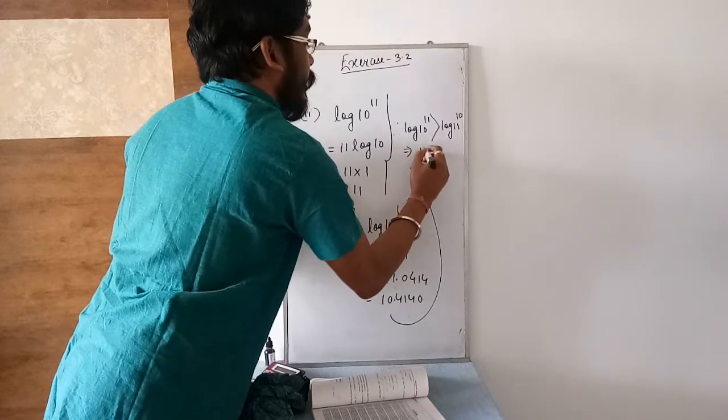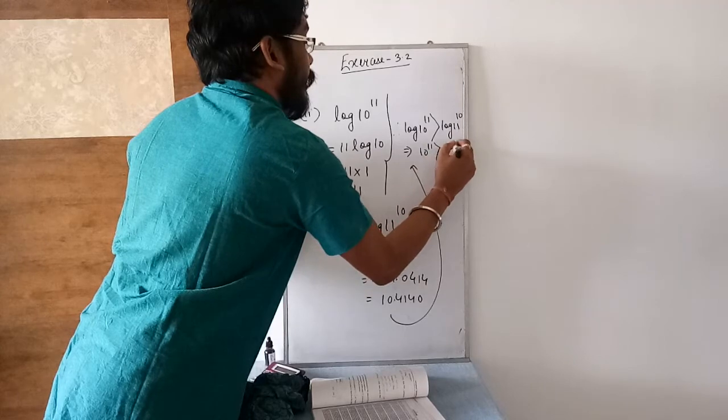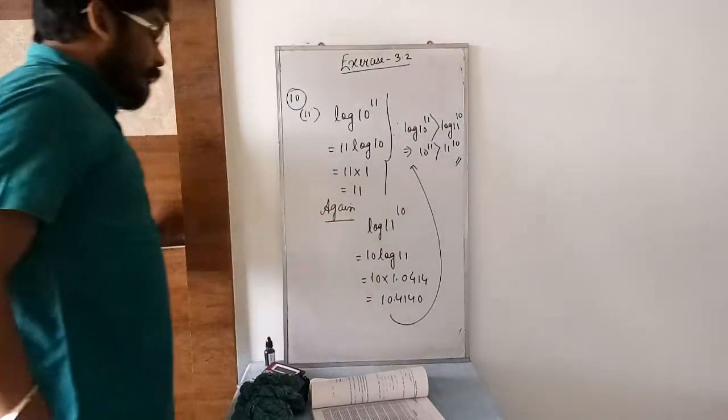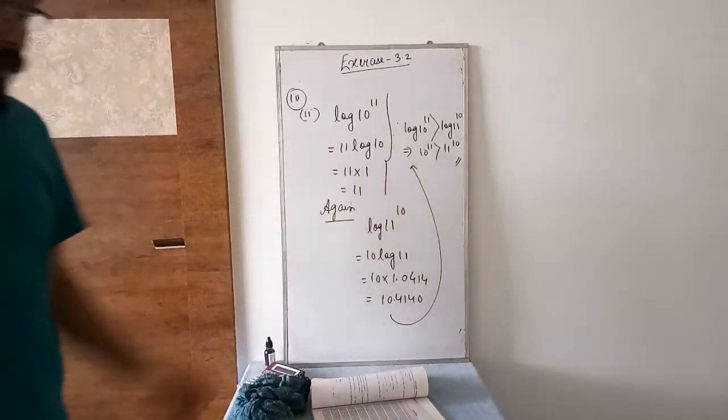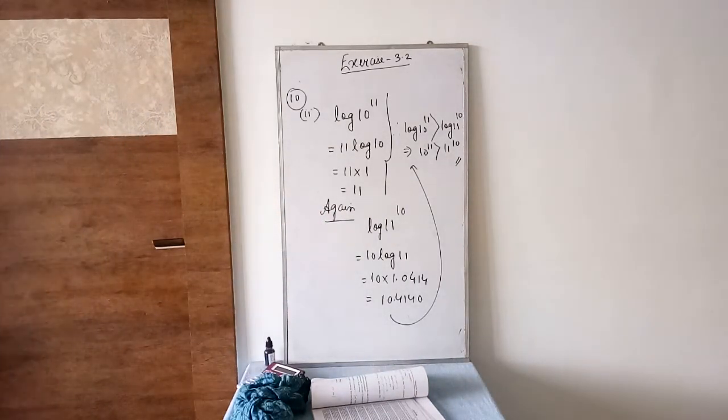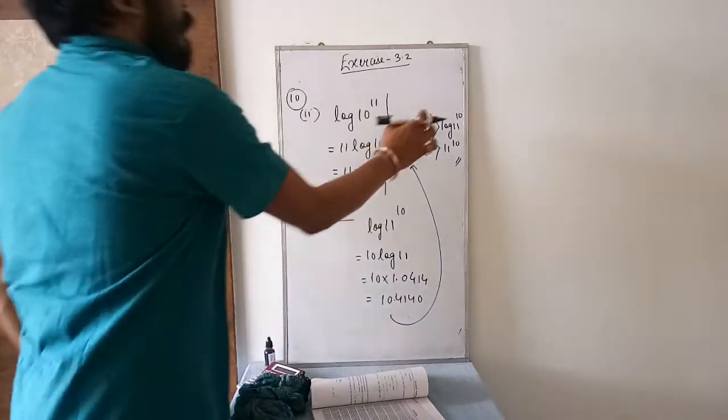This implies 10 to the power 11 greater than 11 to the power 10. Take the screenshot of this part. Okay, take the screenshot. It is 11 to the power 10.